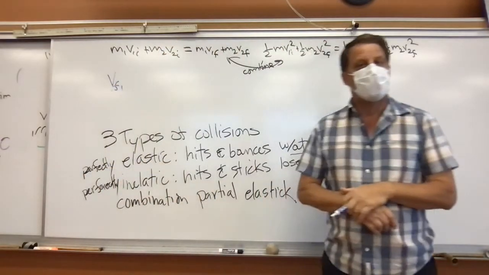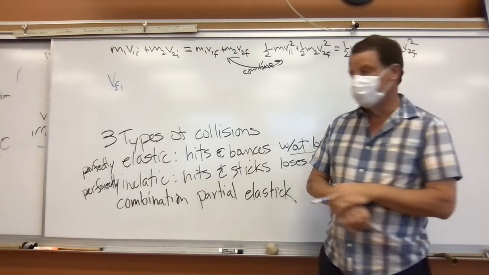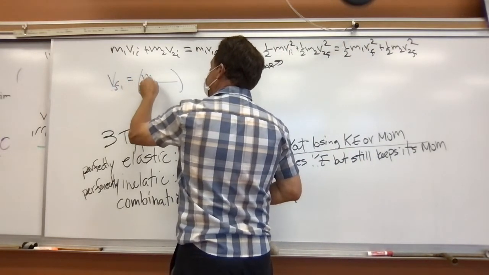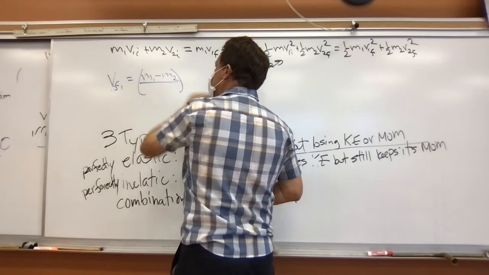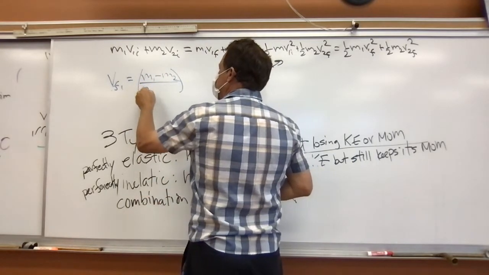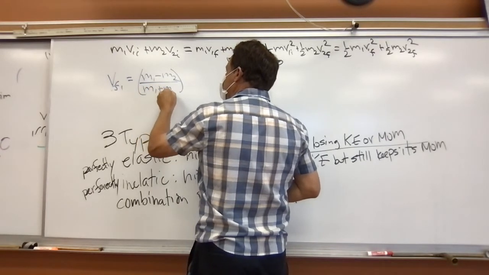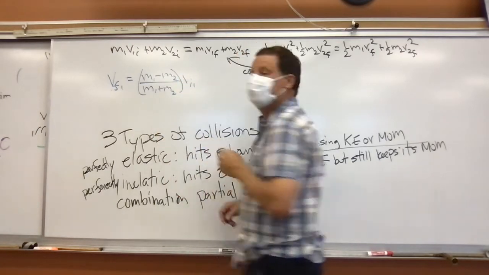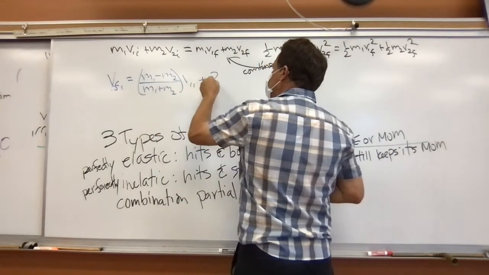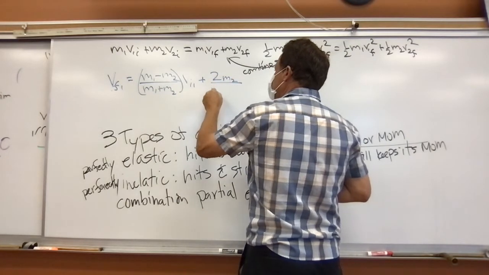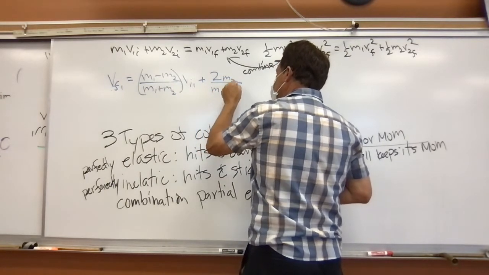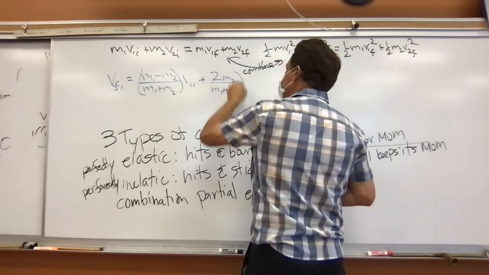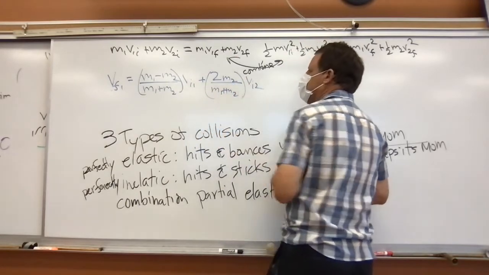Now, when we combine these two equations, we can say the final velocity of the first ball is going to equal the difference between mass 1 and mass 2, so M1 minus M2 over the sum M1 plus M2, times the initial velocity of the first ball, plus 2 times M2 divided by M1 plus M2, times the initial velocity of the second ball.